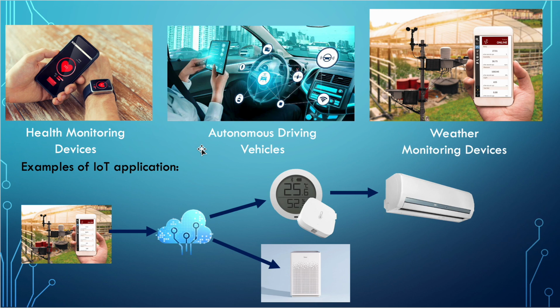Then we can go into our last example of the things that make the Internet of Things: weather monitoring devices. Here in this picture there are two main parts. One is a control panel, or we can say a data display unit.